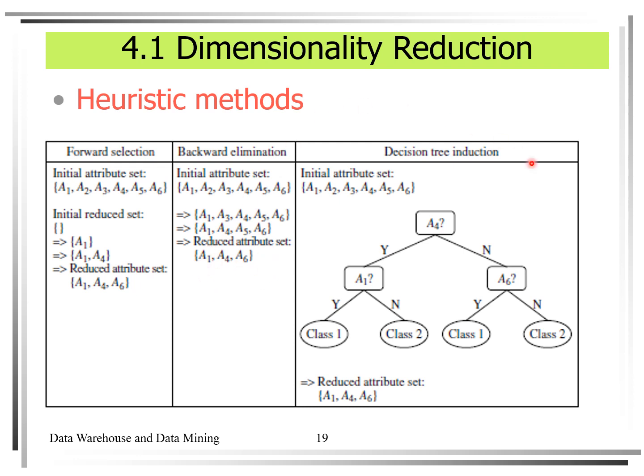For the decision tree, we discuss each attribute. We look at A4, yes or no. If yes, A1, yes or no. If no, A6, yes or no. And then we have the reduced attribute set A1, A4, A6.